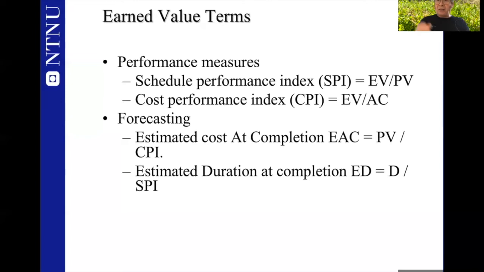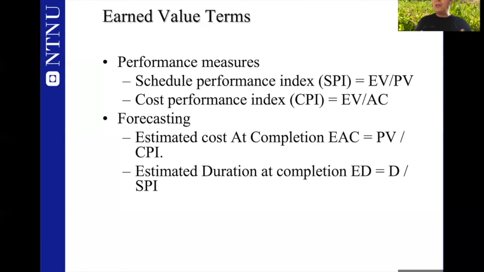Again, in the same simple project, let's say we found out that we actually used only 500 kroner, and the earned value was 800. Then 800 divided by 500 is about 160%. Then cost-wise, although this project is lagging behind in time, from a cost point of view we are saving money.